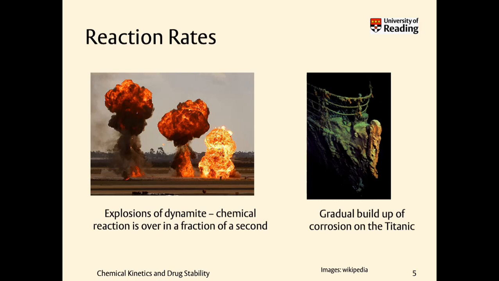Or you can have corrosion on a shipwreck, an extremely slow reaction that takes years and years for the build-up of material and the corrosion of the metal or the wood within the ship. So these are two extremes, but our reactions will also have a rate that will determine some of the parameters of that reaction.